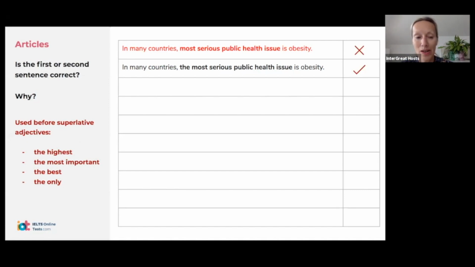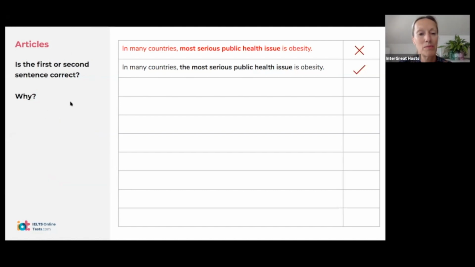But if it's a longer adjective, like important, so it has 3 syllables, so you'd say the most, okay? And then you need to make sure you know your irregular adjectives as well. Yeah, the least important, that's right. So if you're weak at grammar, hopefully this will be useful for you.